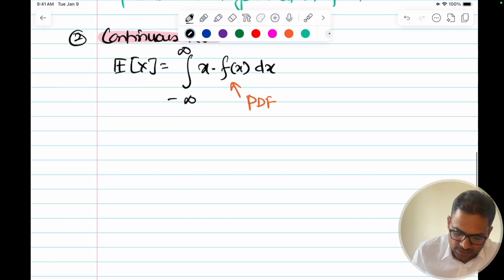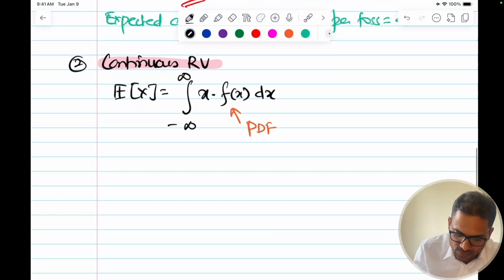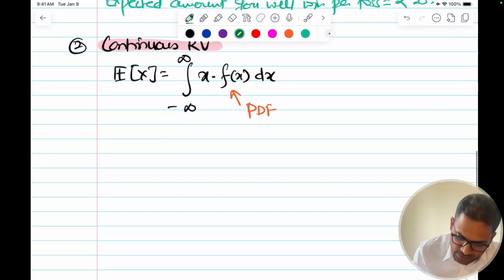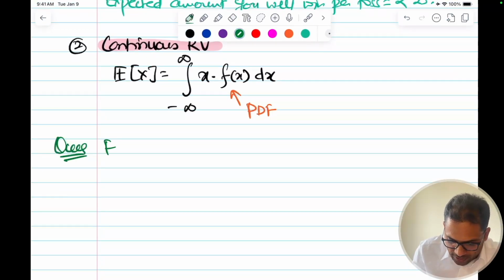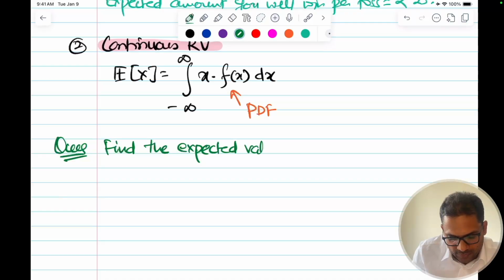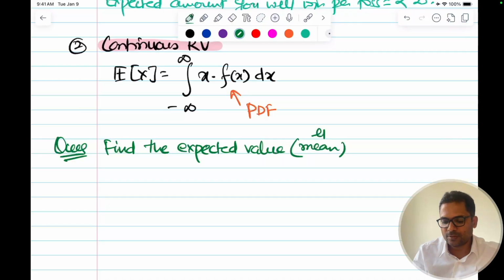We have seen the uniform random variable, for example. So let's find the expected value. Let me write it as a question itself. Let's do a known problem. Find the expected value, which means the mean, mu, of the uniform continuous distribution.